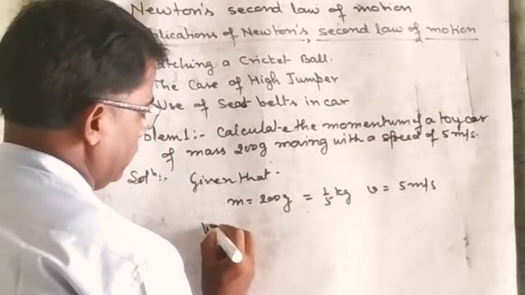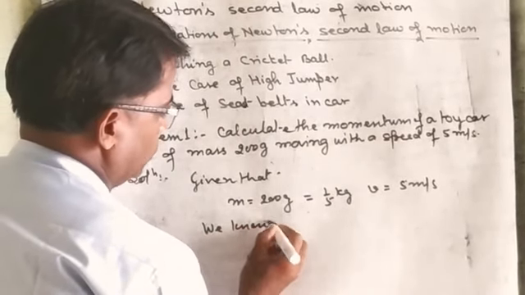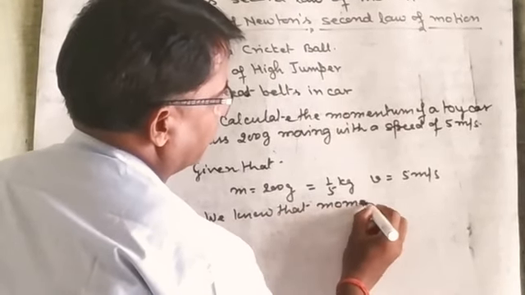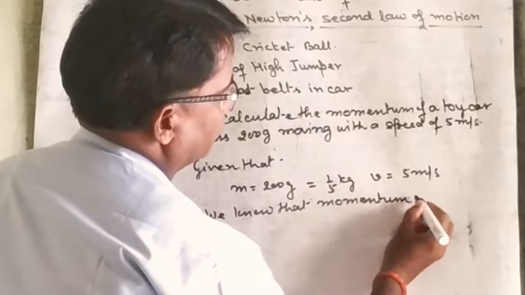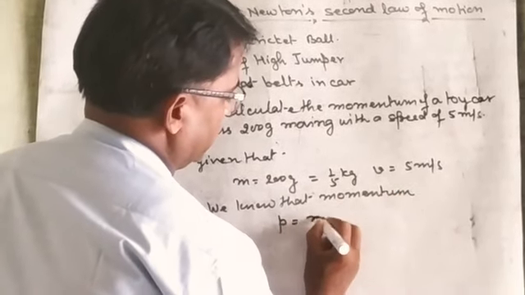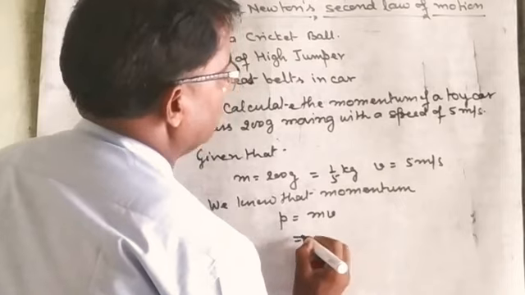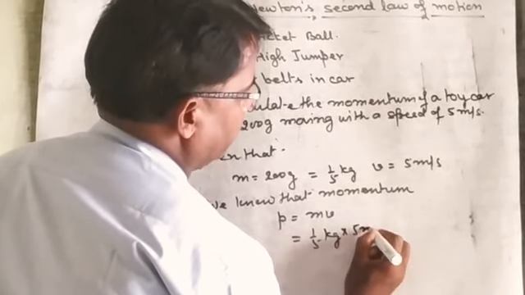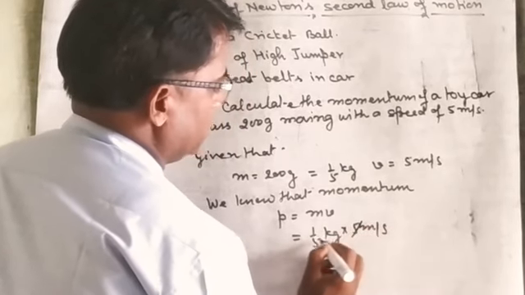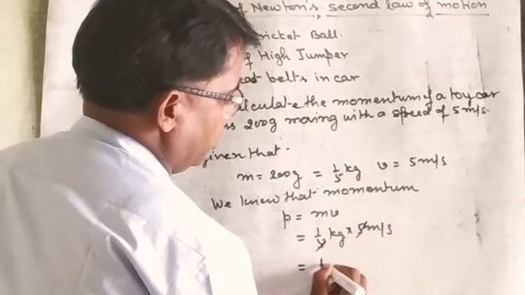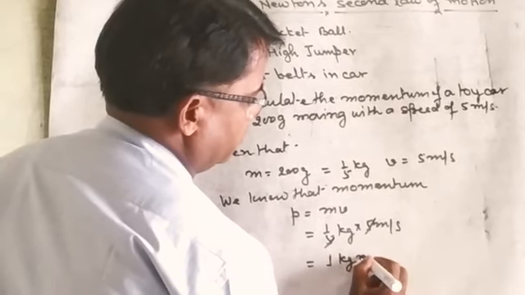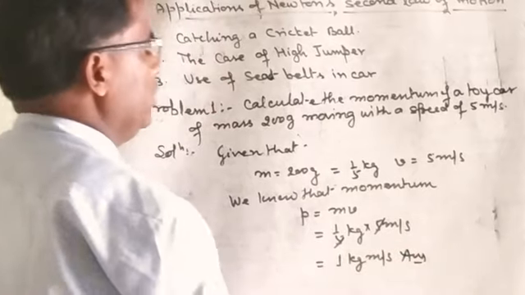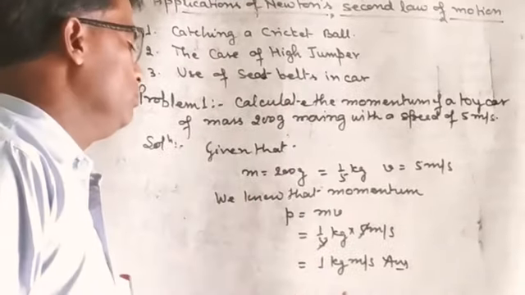We know that momentum p is equal to mv. m is 1 by 5 kilogram, v is 5 meter per second. Then this 5 cancels this 5, giving 1 kilogram meter per second. That is your answer. In this way we calculate this numerical problem.